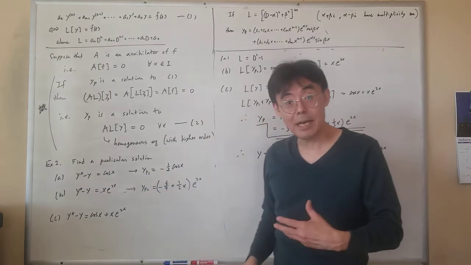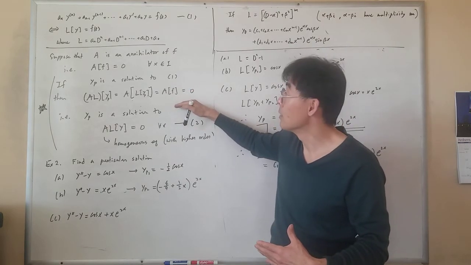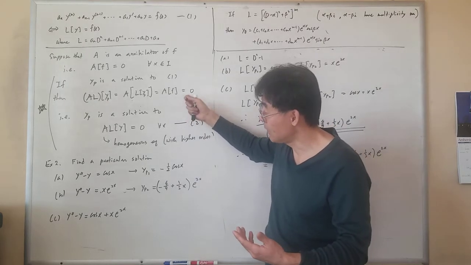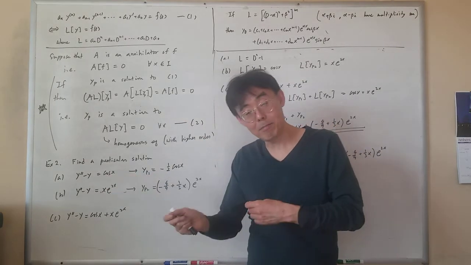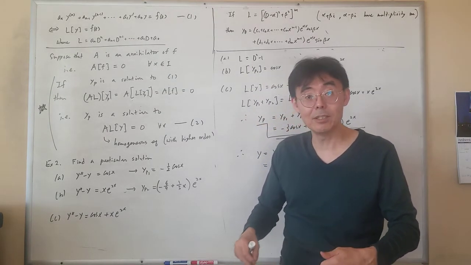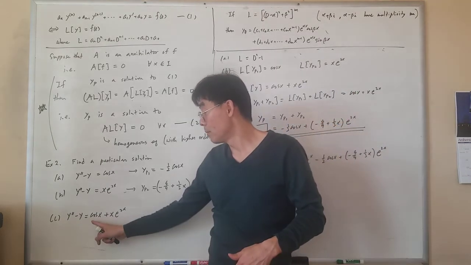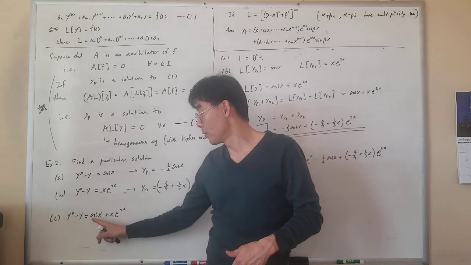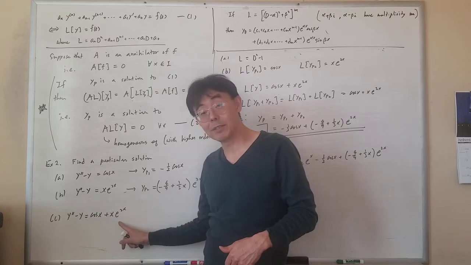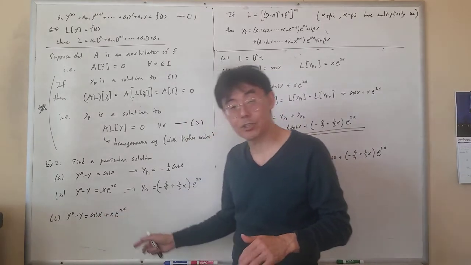Okay? So that process, getting the form of the particular solution, is the annihilator method. And then putting that form into the original equation, comparing the coefficients, and finding the values of those undetermined coefficients is called the undetermined coefficients method. Now, if your source function is made of a linear combination of completely different types of functions, then you want to find a particular solution for each type separately.